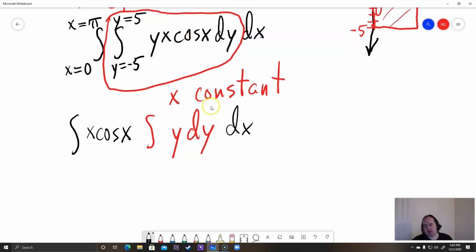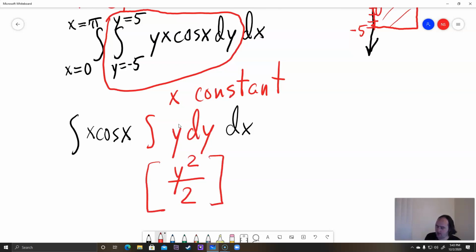Well, since x is constant, that means x cosine of x is also constant. That's why I was able to just factor that out. And now doing this inner integral, we're doing the integral of y dy. And the integral of y, using the power rule, we add 1 to the exponent, and then we divide by our new exponent. So we get y squared divided by 2.